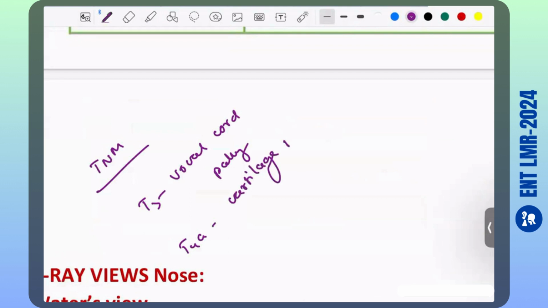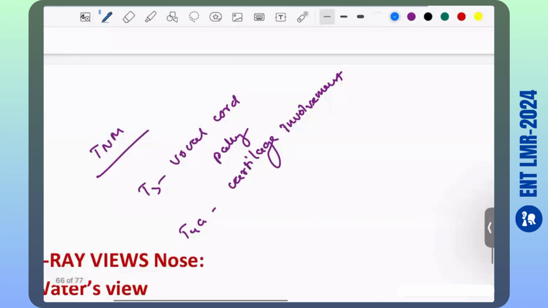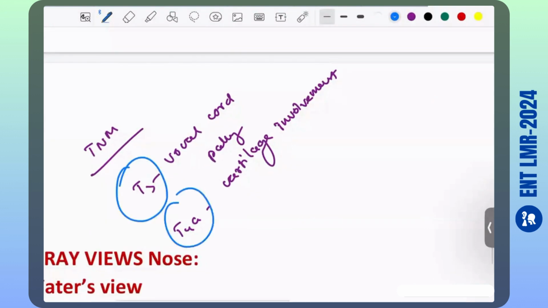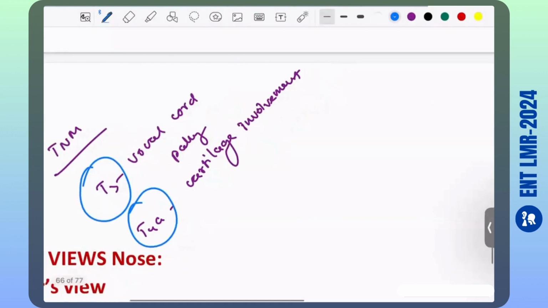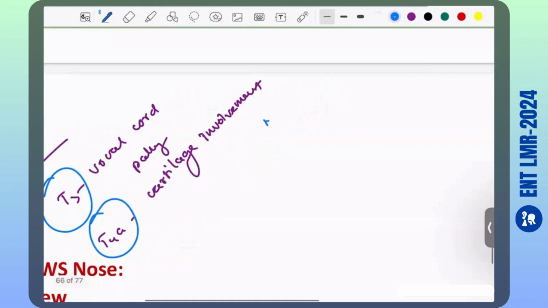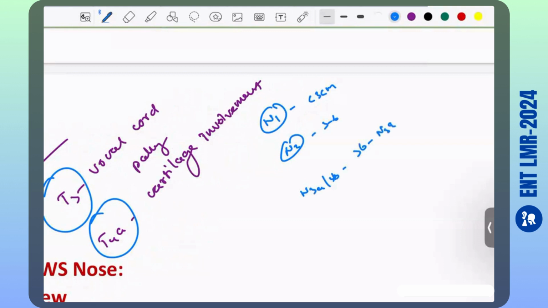Based on these two, you could answer the staging question. For nodal staging, N1 is less than 3 centimeter, N2 is 3 to 6 centimeter, and N3 you just divide into N3a and N3b. More than 6 centimeter is N3a. Extranodal spread is N3b.